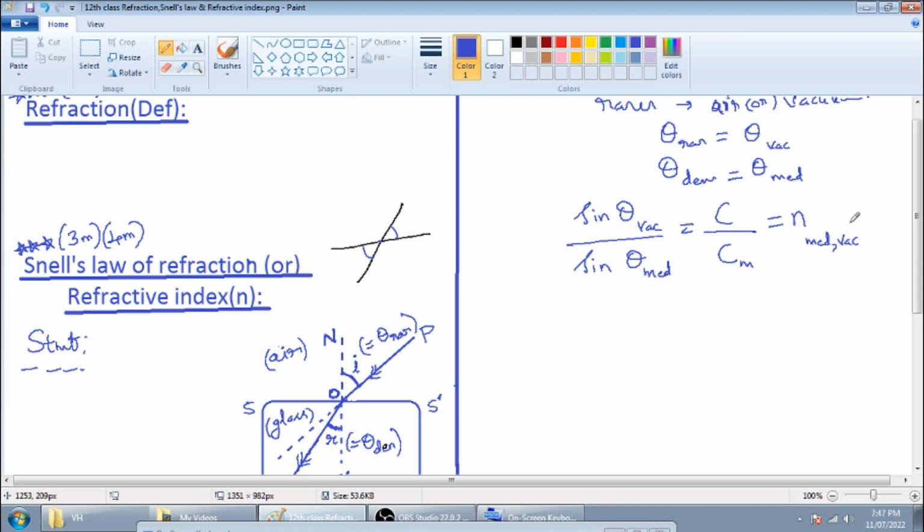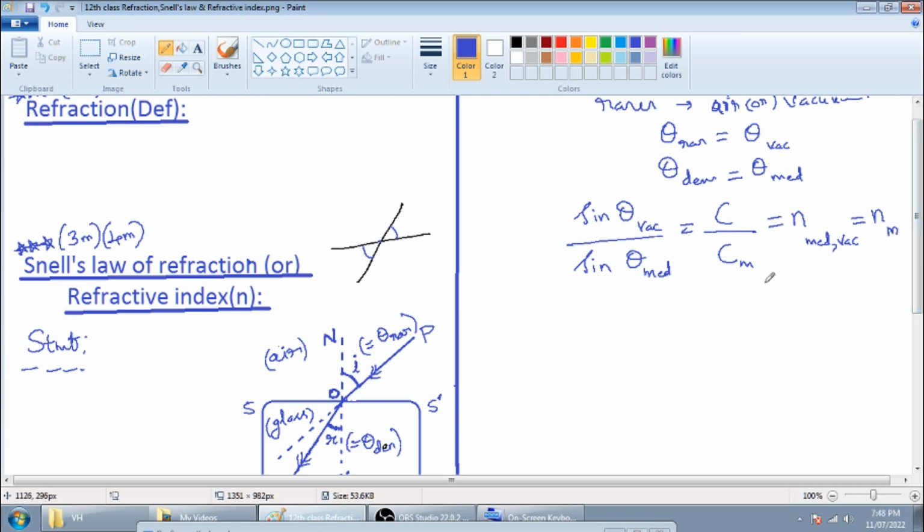vacuum or air. So the rare medium need not be specified whenever we are considering absolute refractive index. It's understood that it's only with respect to vacuum or air. So for absolute refractive index, the symbol vacuum is deleted, or some textbooks follow it as air. Simply it's called the refractive index of the medium M, so n_med can be written, or simply n_m.